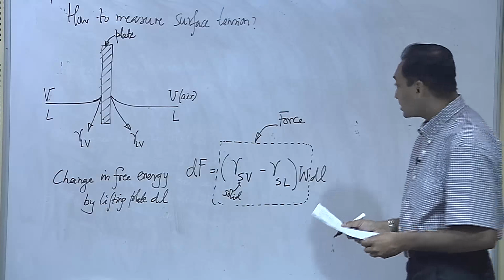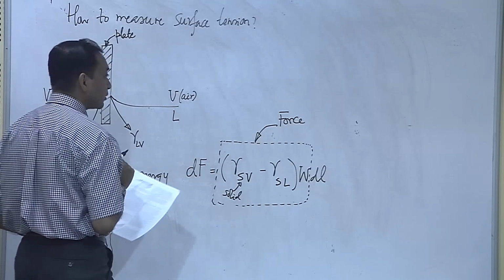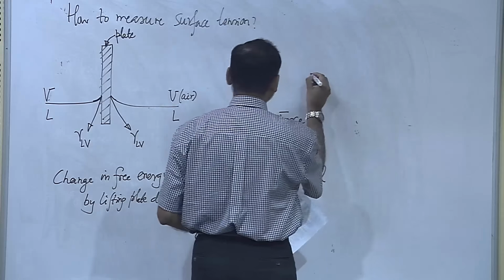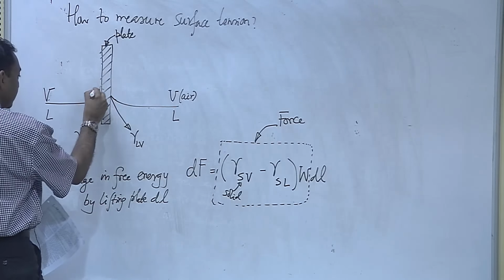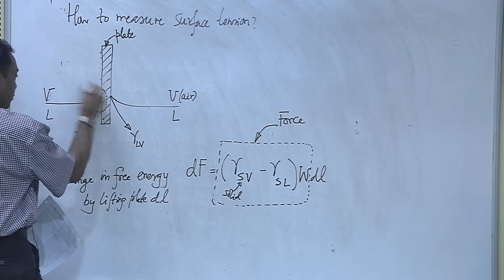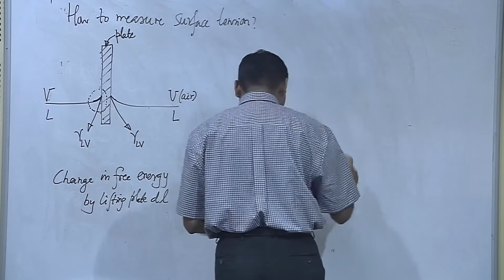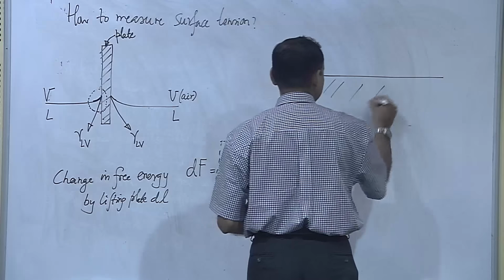Now let's look carefully at what is happening at the contact line. I am now focusing in here. So this is my contact line. At the contact line, I have the solid surface.